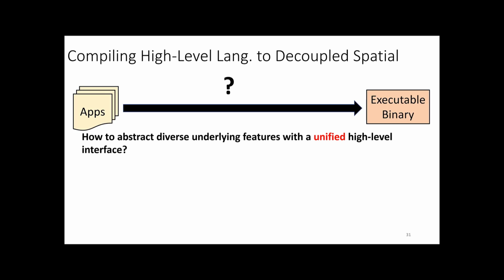And also, if we want, we can still use this C representation as a backend of the domain-specific language. And the difficulty of translating a high-level abstraction to our decoupled spatial binaries is that the host control is totally rewritten.